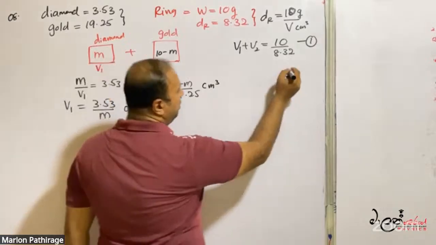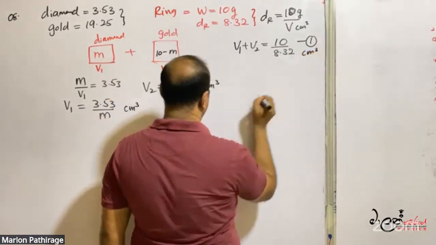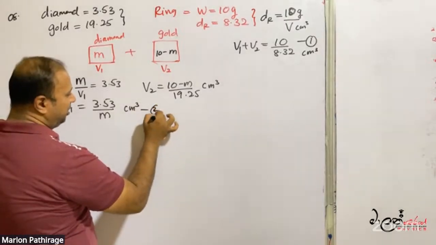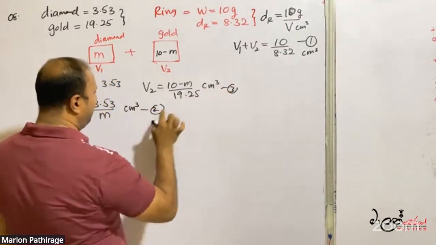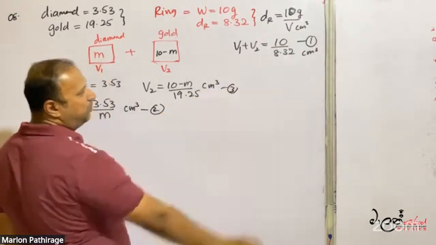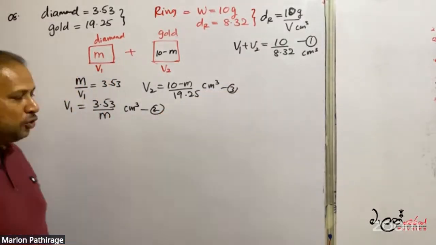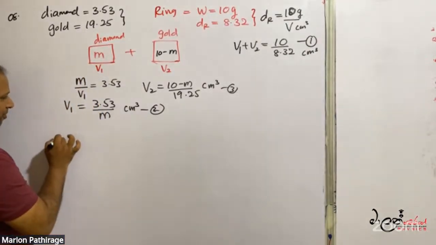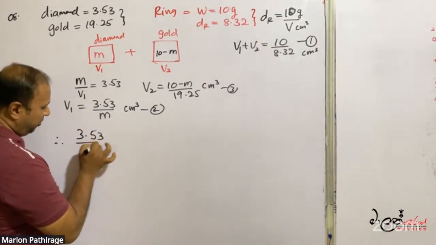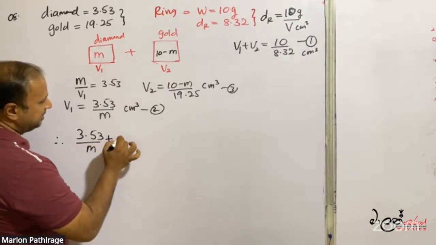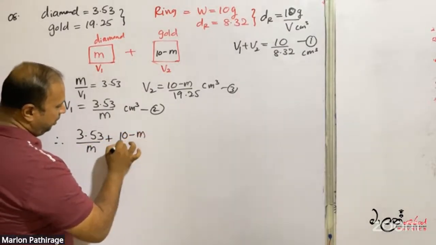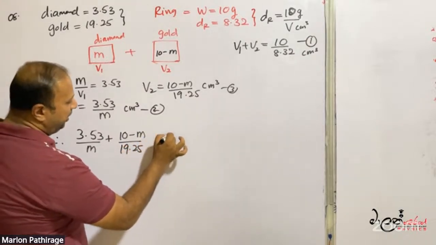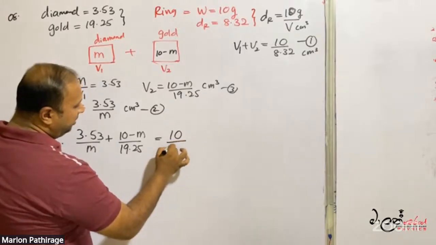Therefore, M over 3.53 plus (10 minus M) over 19.25 should be equal to 10 over 8.32.